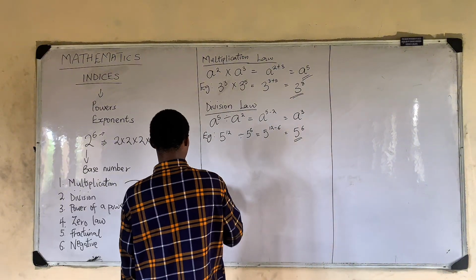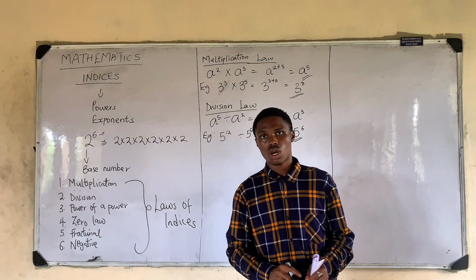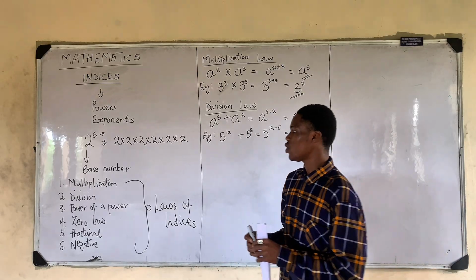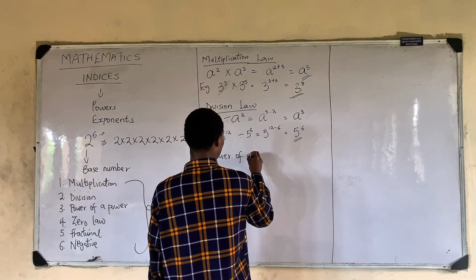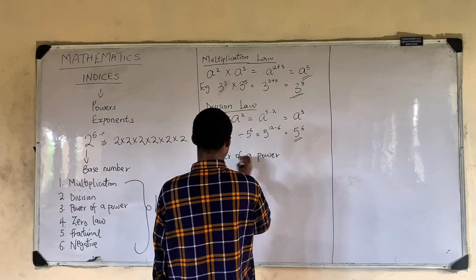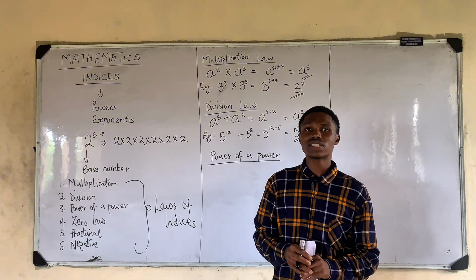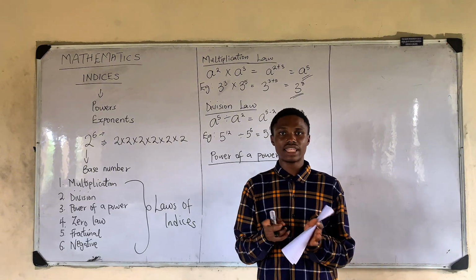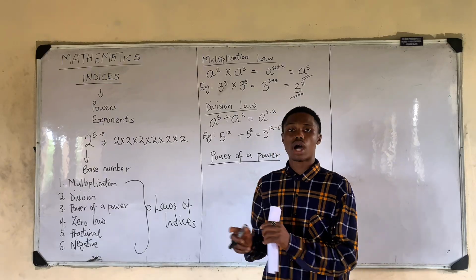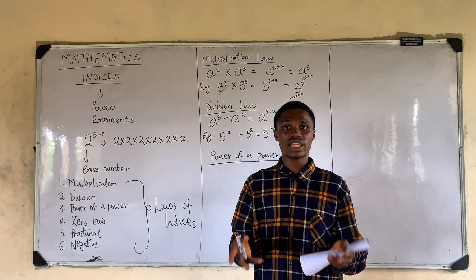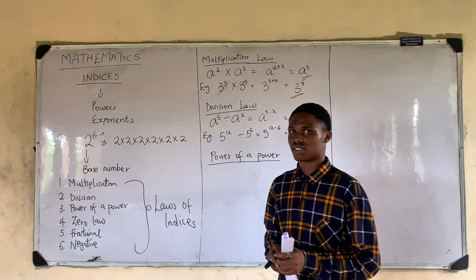Now, the next one is the power of a power. For the power of a power law, once there is a power multiplying an index or indices, we open the brackets.